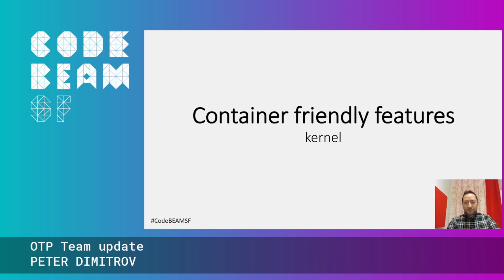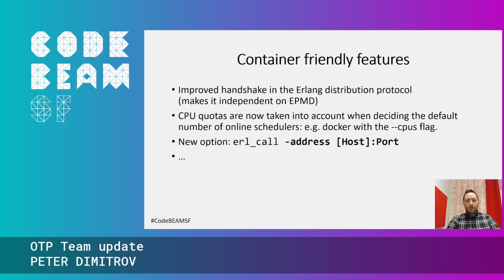Container-friendly features. We have improved the handshake during connection setup in the Erlang distribution protocol. It is now possible to agree on protocol version without depending on EPMD or other prior knowledge of the peer node version.